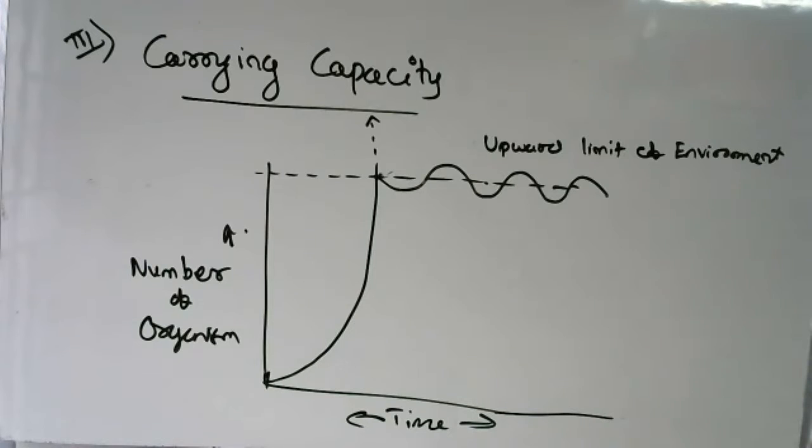Next, the dotted lines in the graph indicate the upper limit of population if there was no environmental check.